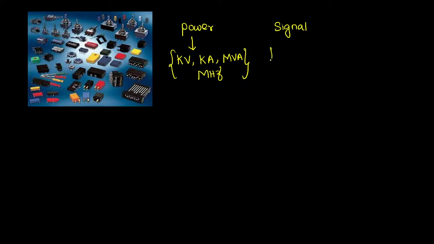When you go ahead with the signal switches, signal devices, the voltage rating is in the range of volts, the current in the range of ampere, sometimes in milliampere, millivolt, and power ratings are in watts or milliwatts, and operating frequency.